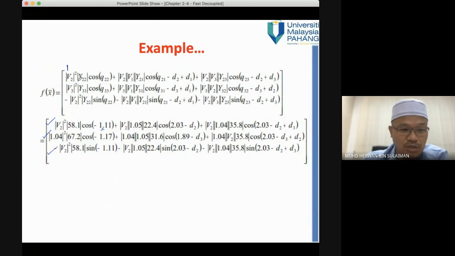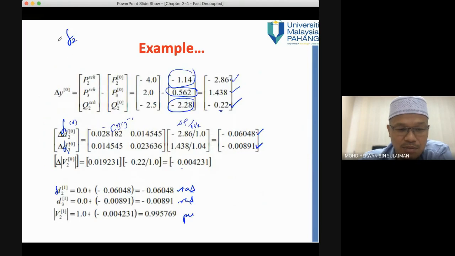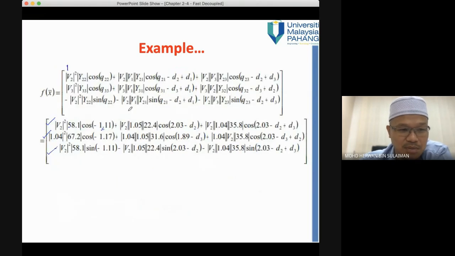So balik value ni. V2 ni dah tak jadi 1, jadi 0.9 something tadi. 0.99579 lah. So Y22 maintain sebab ni ialah value Y bus awak. Cos ni pun maintain tapi theta ni lain lah. Theta 1 ni kosong tak masalah.